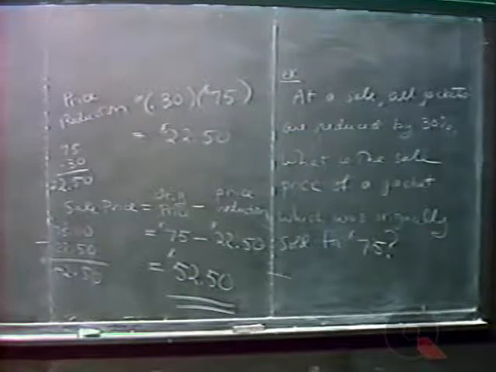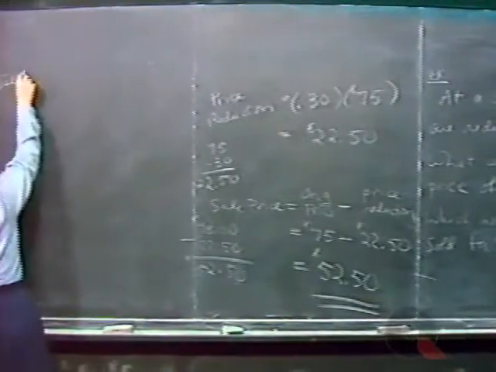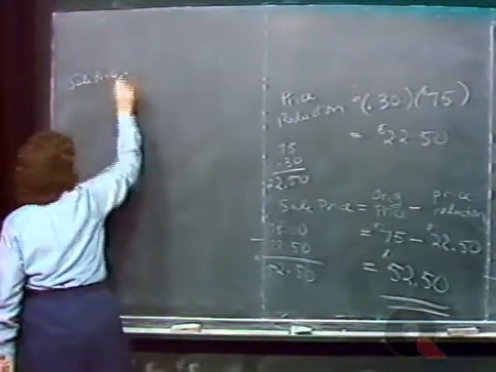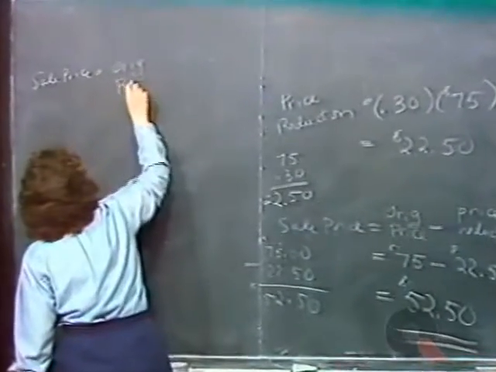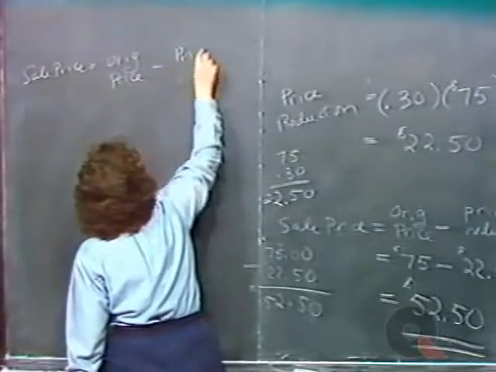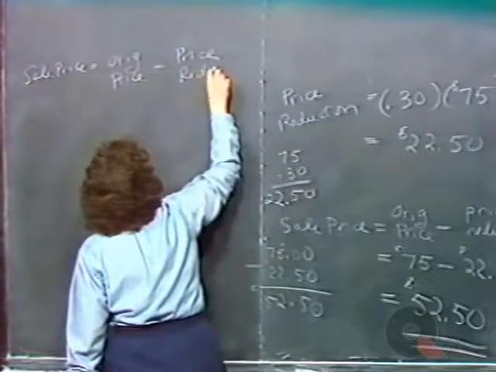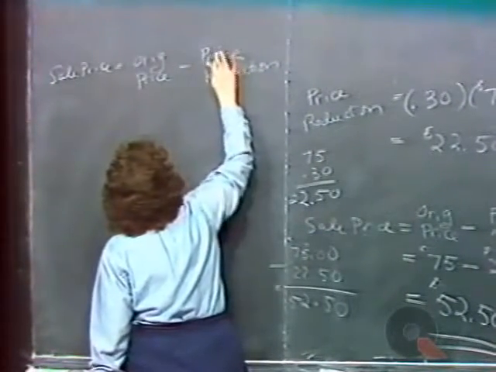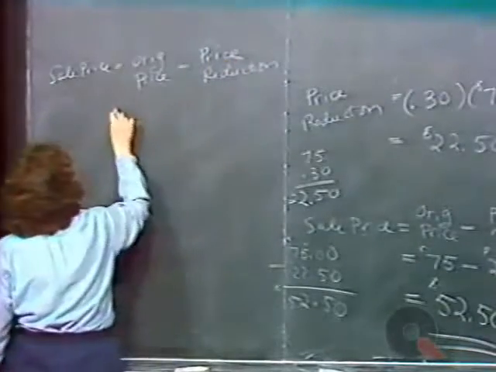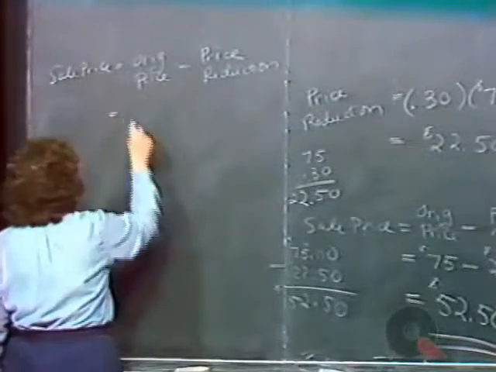If we think of it, the sale price is the original price minus the price reduction. The original price was $75.